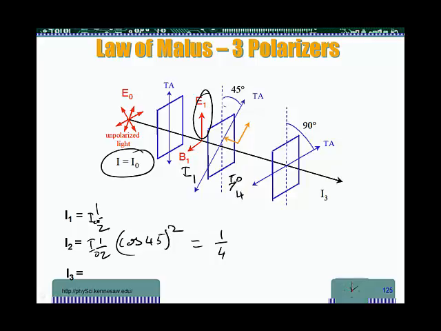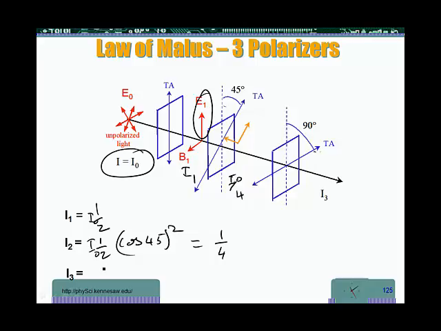Now the last polarizer is going to have its angle again making an angle of 45 degrees relative to the polarization angle of the wave. Remember, the wave here is making an angle of 45 degrees relative to the vertical, so the transmission axis is making a 45-degree angle with it.